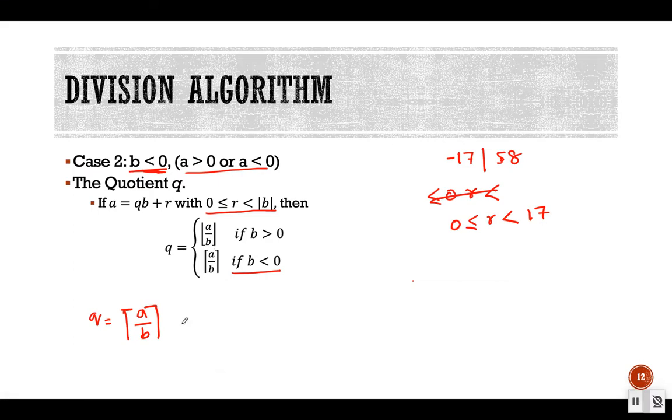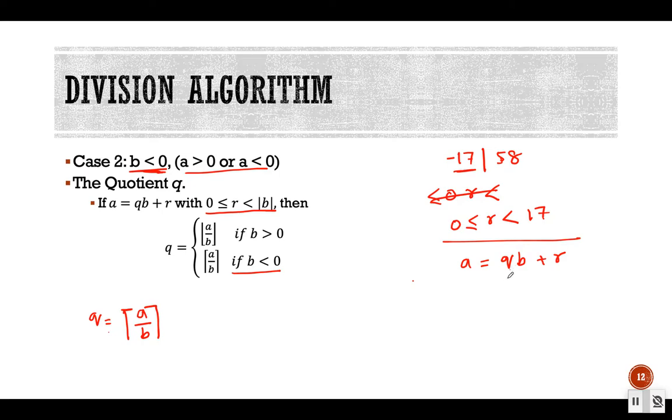So if our b is a negative number, if b is less than 0, then q will be the ceiling function of a divided by b. In that case we are going to represent a equals q b plus r. r will still be between 0 and 17.